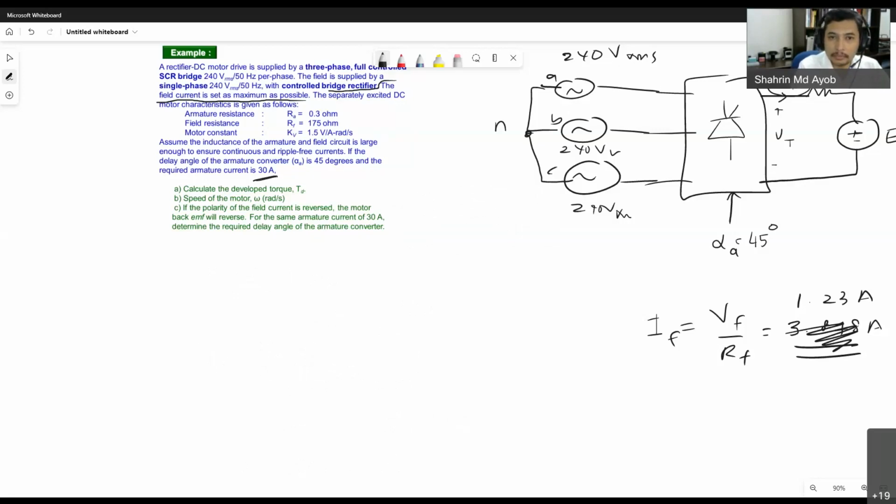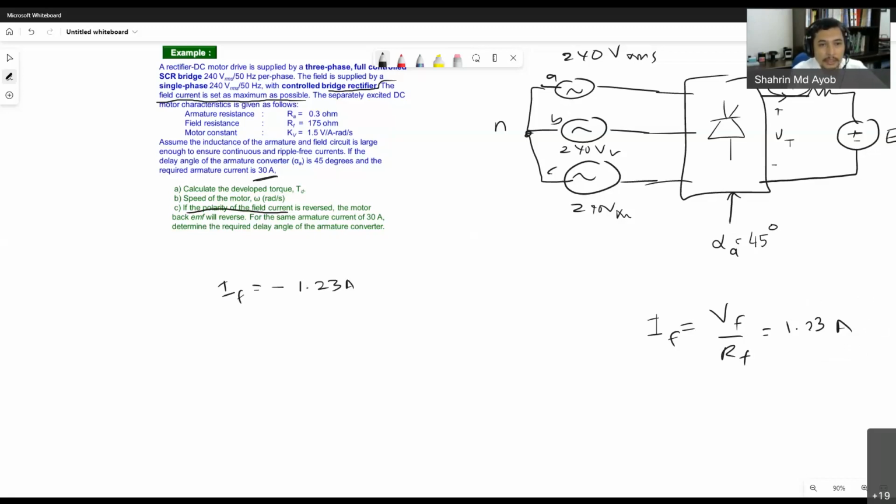The polarity is reversed. What is meant by that? So right now, the current that you have already calculated is 1.23 amperes. Okay. The question is, if the polarity of the field current is reversed, meaning that your IF is in the negative direction. That is the information that we can extract from this question.